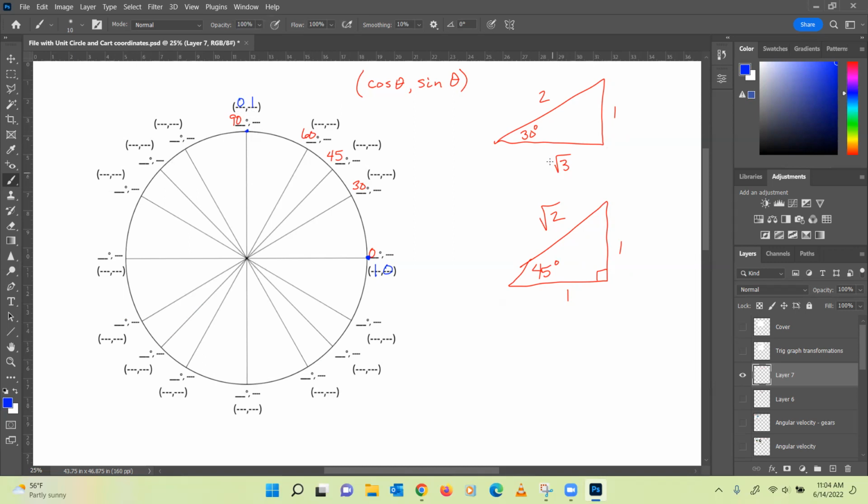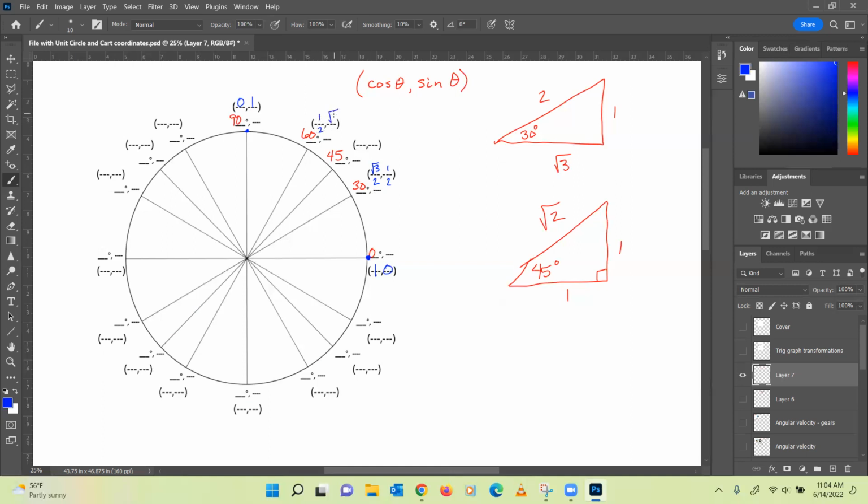Now I'm going to use the triangles to do that. But for 30 degrees, the sine of 30 degrees is opposite over hypotenuse. So that's 1/2. The sine is 1/2. The cosine is √3/2. Now we've got that ordered pair. For 60 degrees, the cosine is 1/2.